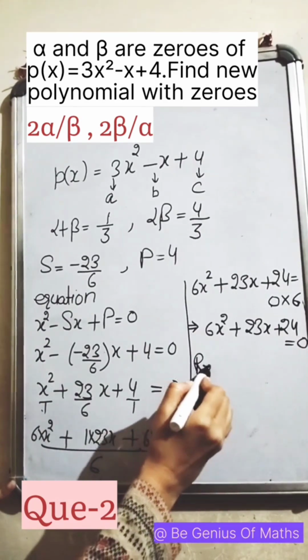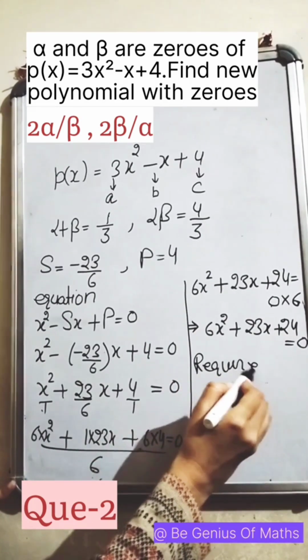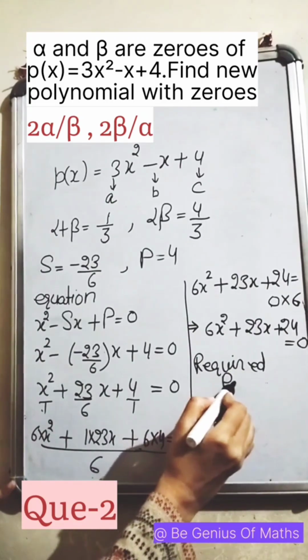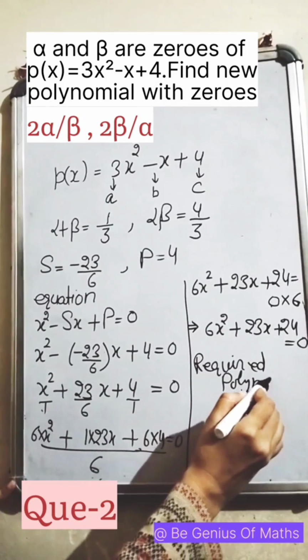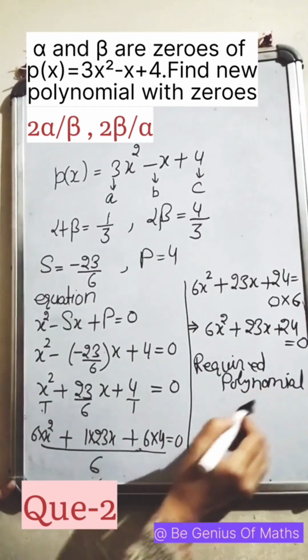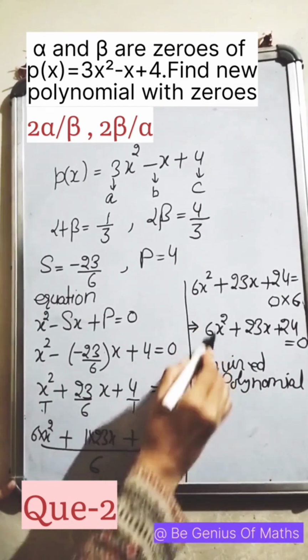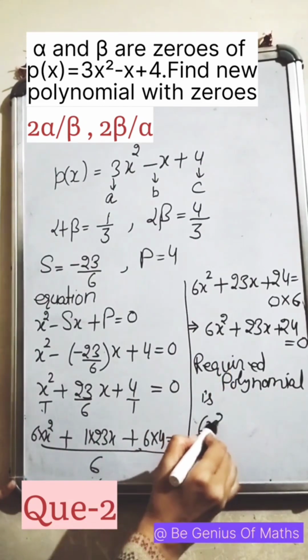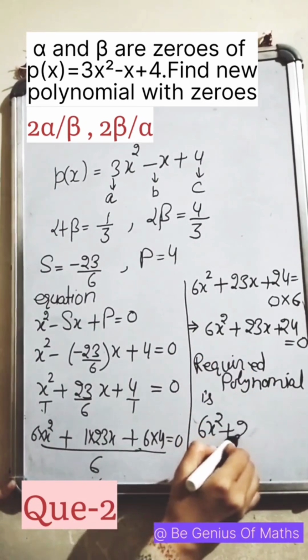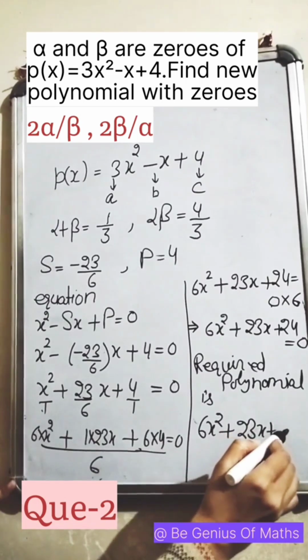Now the required polynomial: the equation is with 0 and the polynomial is the expression without 0. So the polynomial is 6x square plus 23x plus 24.